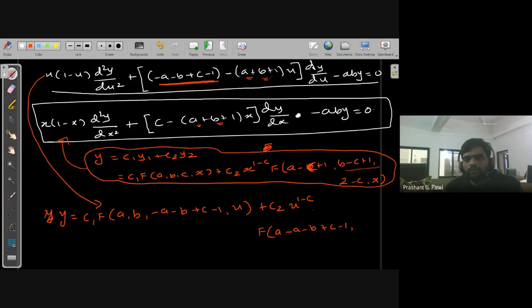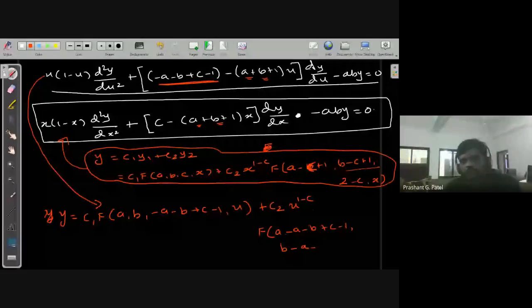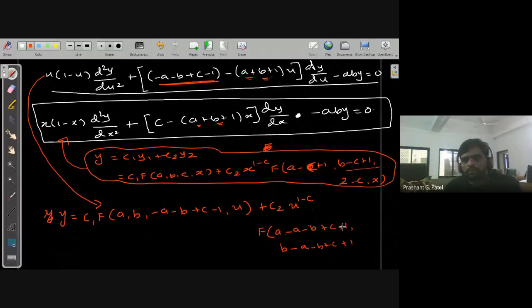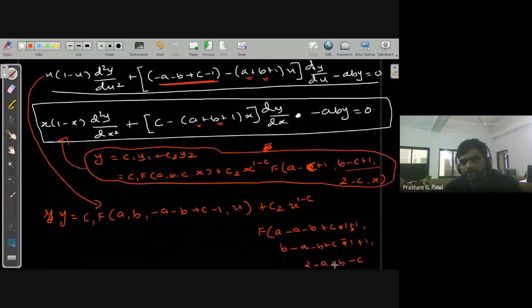Then instead of this quantity we have b minus a minus b plus c plus 1. Here is also minus c plus 1. Then 2 minus c, that is 2 minus a minus b plus c, this will be plus, minus plus 1, and u.